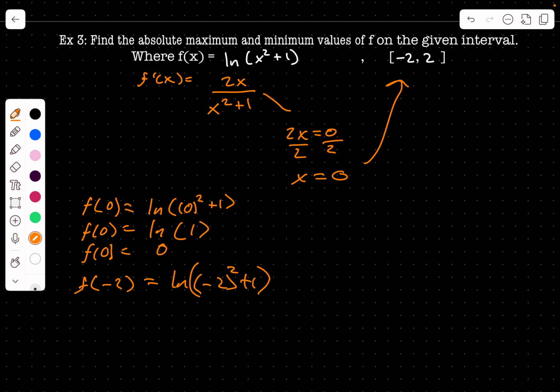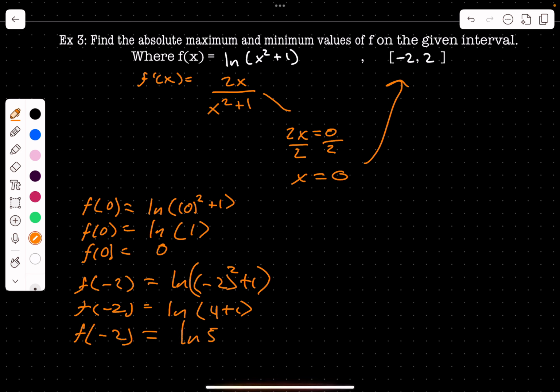Probably should use brackets, but whatever. Okay, so what do we get here? ln, and the negative 2 squared is going to give you a positive, right? We get 4 plus 1, f of negative 2 equals ln of 5. And this is going to give you a decimal when you plug it in. It's going to be like 1 point something.